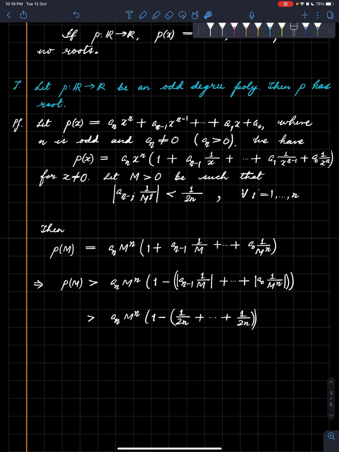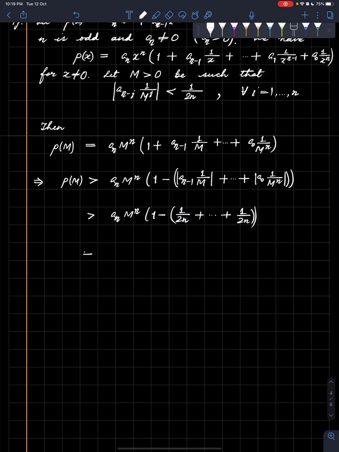Because this thing is less than 1 upon 2n, minus of that thing is greater than minus 1 upon 2n, and that's what we have done here. So I just use this for each of these terms and got that.